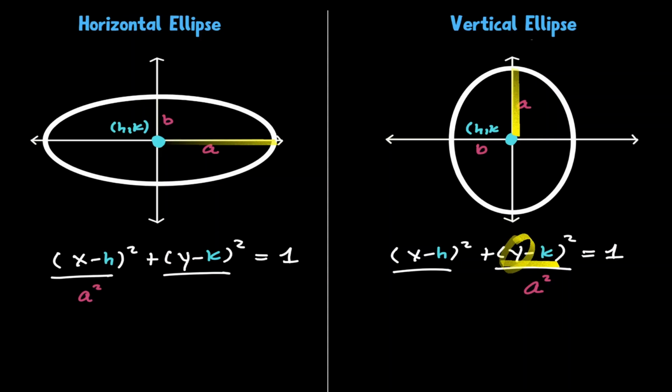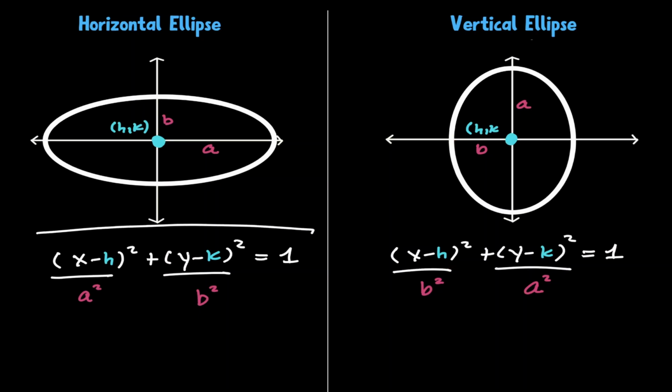And if our minor axis is running vertically, then we are going to place b squared underneath the term that has a y on it, that's vertical change. And if the minor axis is running horizontally, we are going to place b squared underneath the term that has the x on it. It represents a horizontal direction.